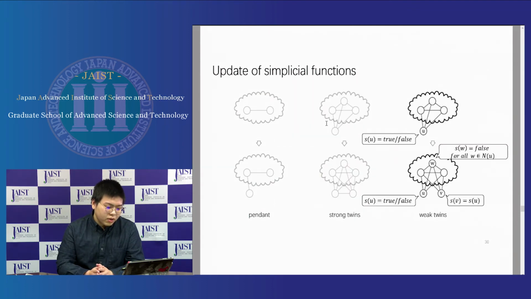For weak twins, both weak twins share the same open neighbors, so the simplicial function should also be equal. The only difference is that for all the open neighbors of U or V, which we call a vertex W here, the value of S of W becomes false, since the two weak twins are not adjacent.